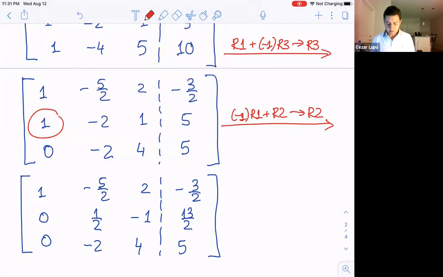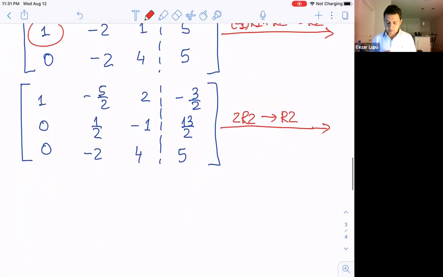I can get rid of some of the 2's there. Let's multiply by 2. So 2 times R2 will be my new R2.